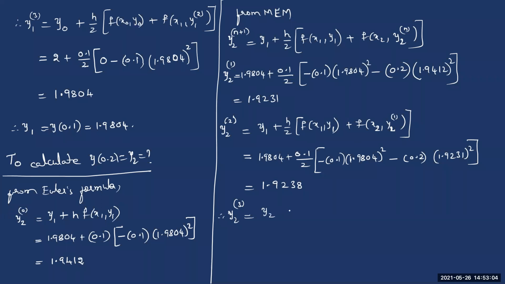So the formula here is y2 third approximation is equal to y1 plus h by 2 times f of x1 comma y1 plus f of x2 comma y2 second approximation.